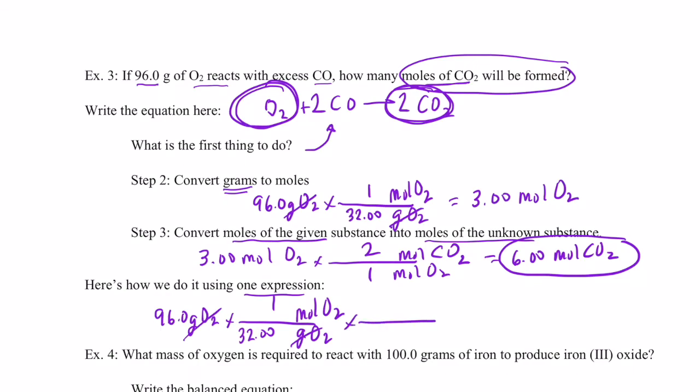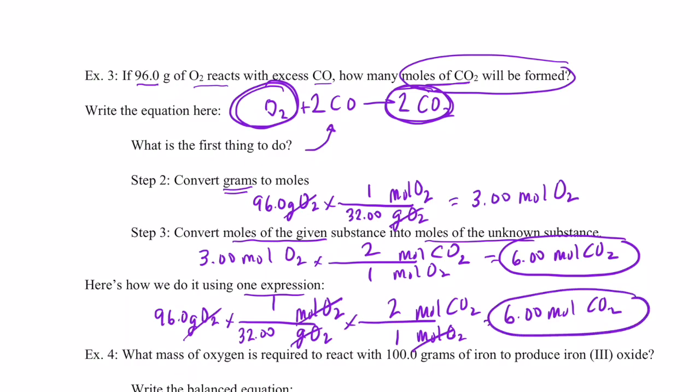Then we can continue with this, but this time we want to get out of moles of O2 in this step and into moles of CO2. Remember, that's a 1 to 2 ratio, so moles of O2 divide out. So my answer is 96.0 divided by 32.00 times 2, and guess what I get? That's right, 6 moles of CO2 can be produced.